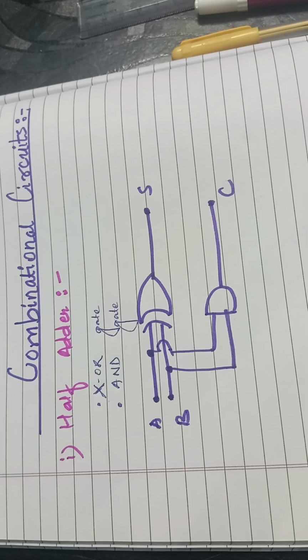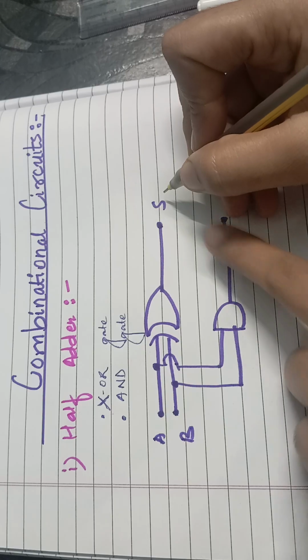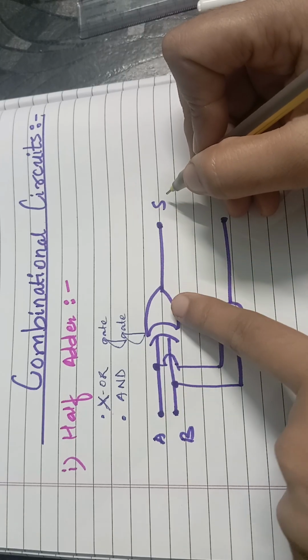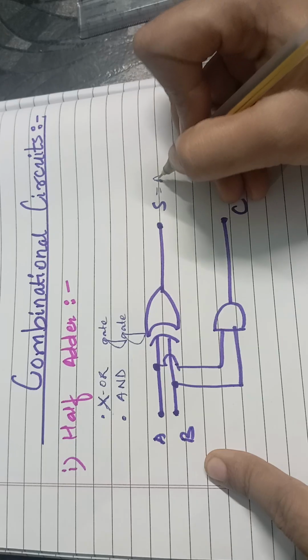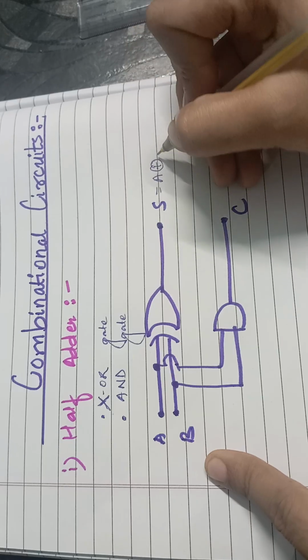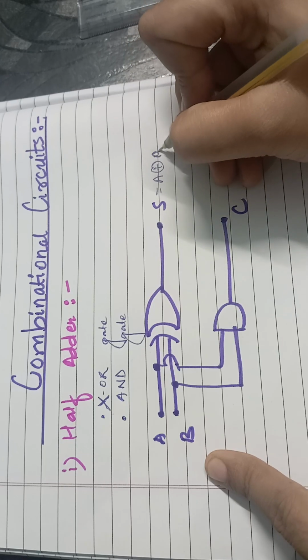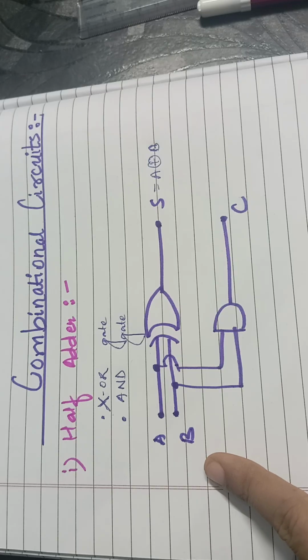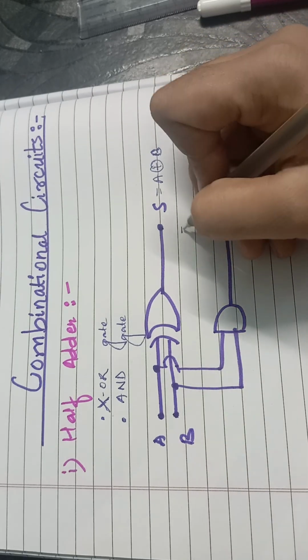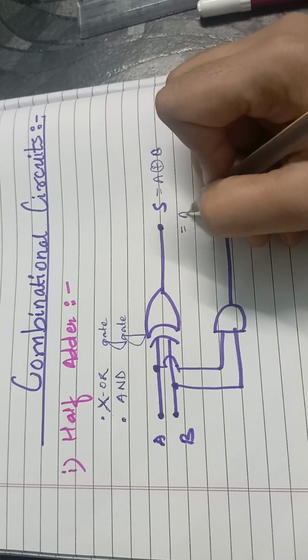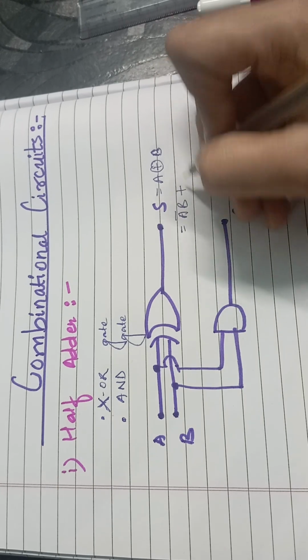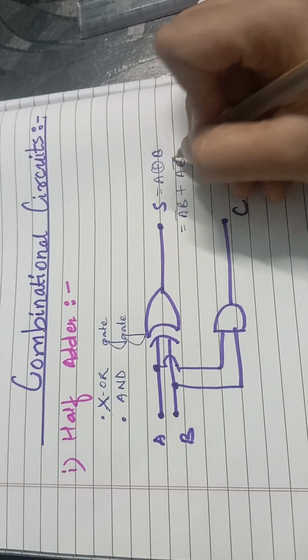So now let us write its formula. If we see here S, S is the XOR of A and B. So this one we can write as the formula for XOR of A and B, which is given as A bar B plus A B bar.